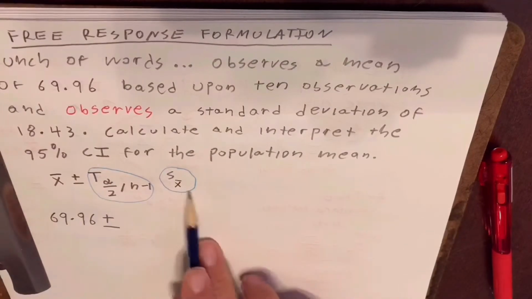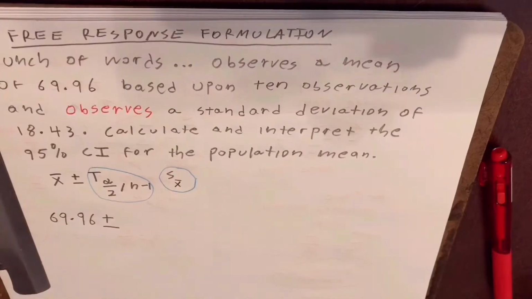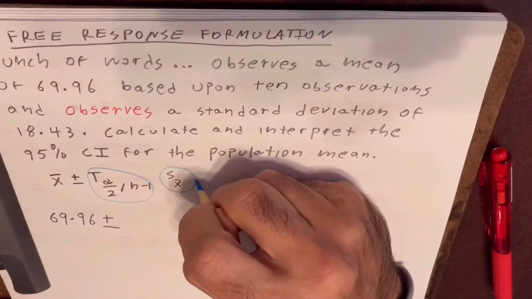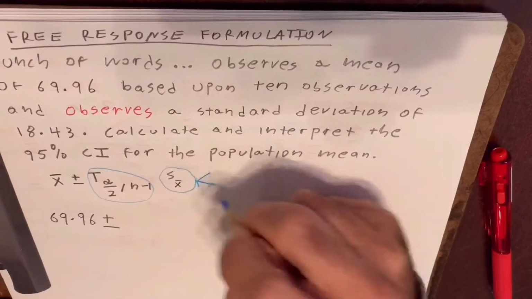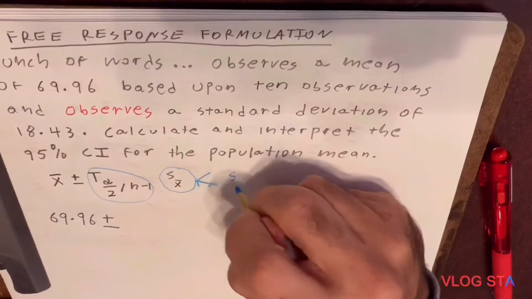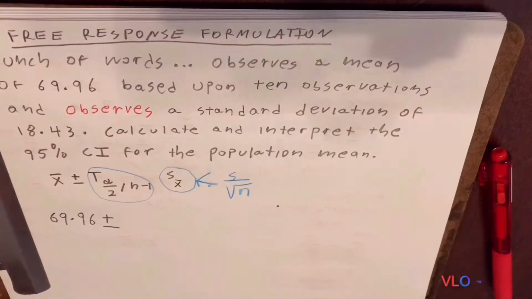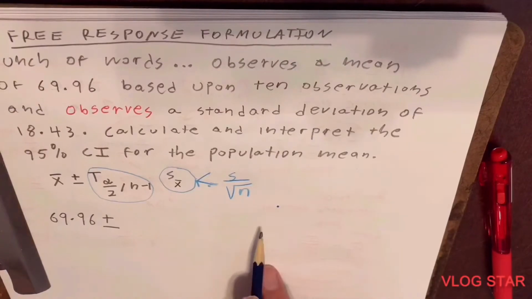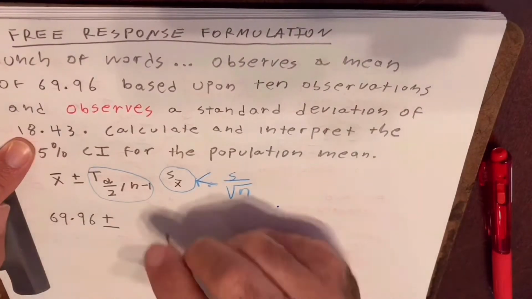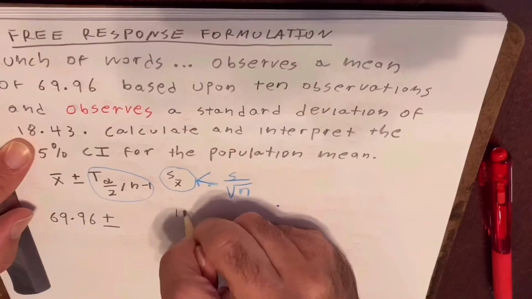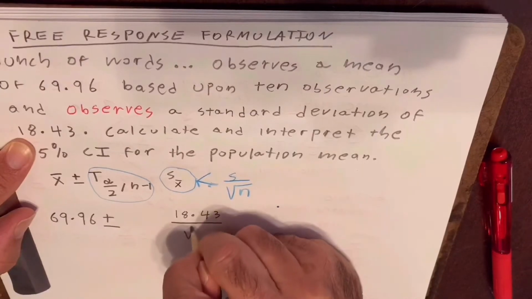This one's easy. Let me do this one here. So this, the estimated standard error of the mean is just the estimated standard deviation over the square root of the sample size. So that we can just put over here. So that would be 18.43 divided by the square root.